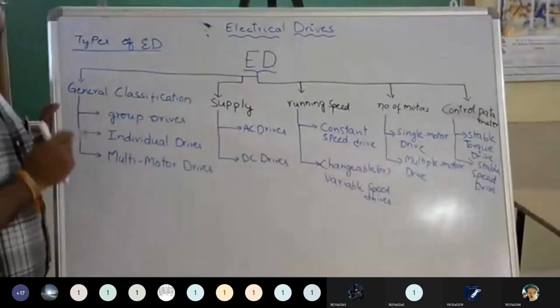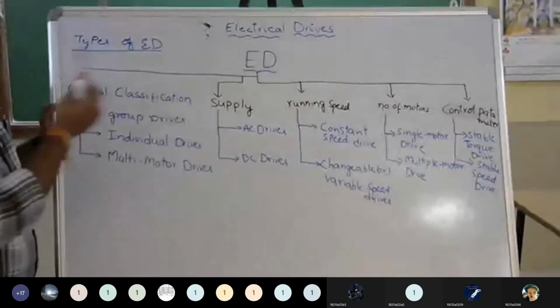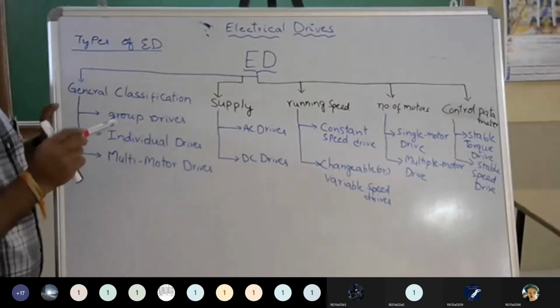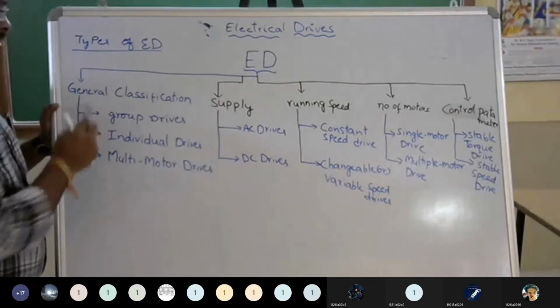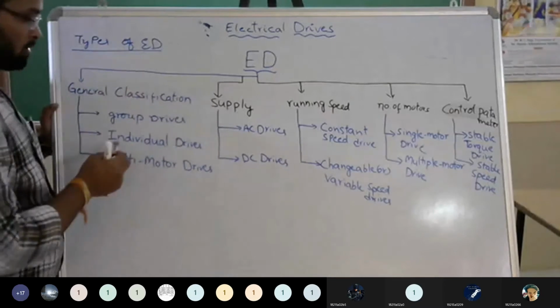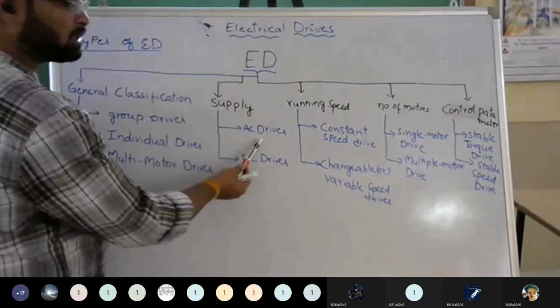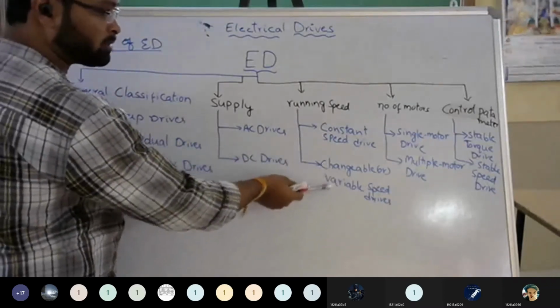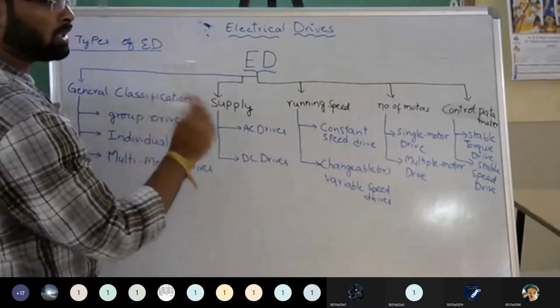So I am giving you an assignment. How many drives are available? There are different types of drives, and you have to come up with one example for each. This is the classification of drives, and you have to write one example for group drives, individual drives, multi-motor drives, AC drives, DC drives, constant speed drive, changeable variable speed drive, single motor drive, multi-motor drive, stable torque drive, and stable speed drive.